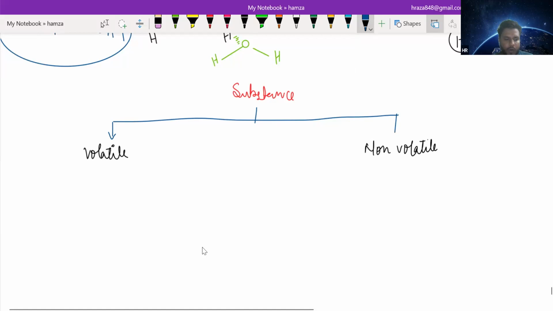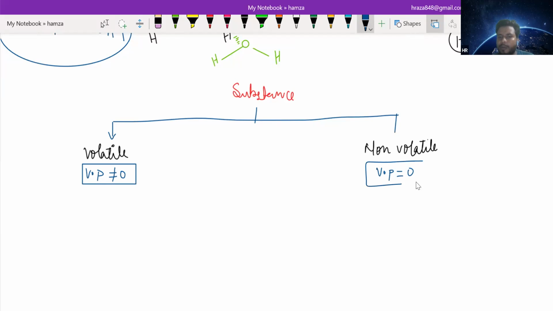A volatile substance basically has some vapor pressure, that means vapor pressure is not equal to zero. But a non-volatile solute will not create any vapor pressure. VP will be zero in case of a non-volatile substance.